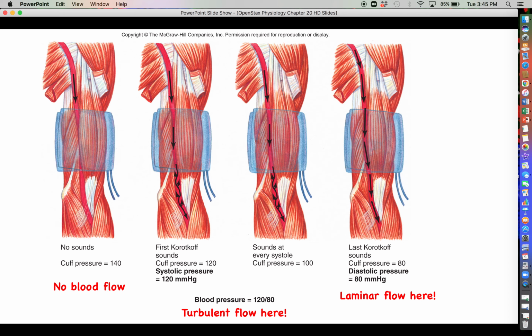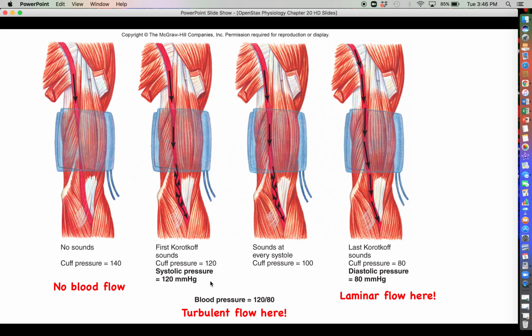As you slowly relieve pressure in the cuff, you're going to be listening right here at the brachial artery, and once you start to just barely open the brachial artery, you're going to start hearing the sounds of turbulent blood flow as blood squirts through that narrow opening and comes out on the other side and starts crashing up against the sides of the vessel. As soon as you start hearing that sound of turbulent blood flow, stop what you're doing and look at the gauge on the cuff.